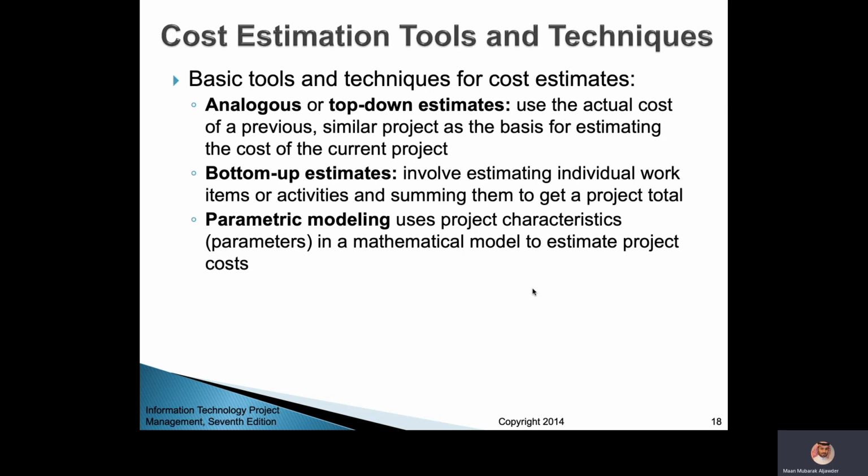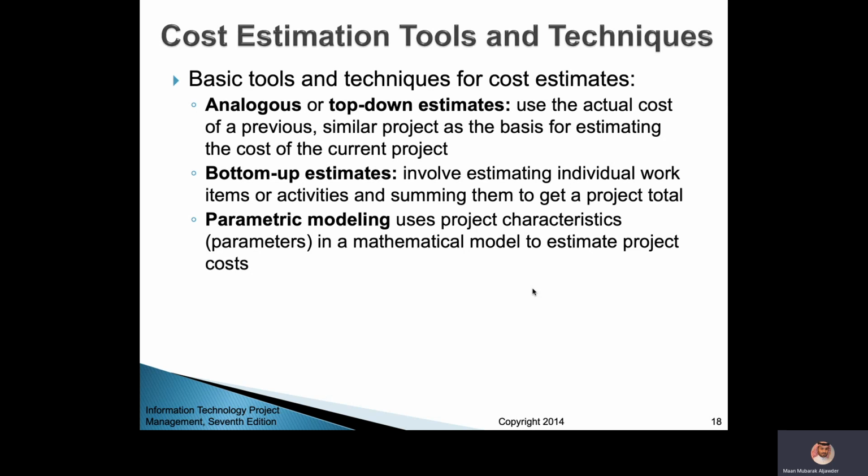You just look at the actual cost of a similar project you did previously, and then you take this as your base estimate, and then you start distributing that cost on the work or tasks that you are going to do. So that's why we call it top down. You have the total, and then you distribute it to the lower items.